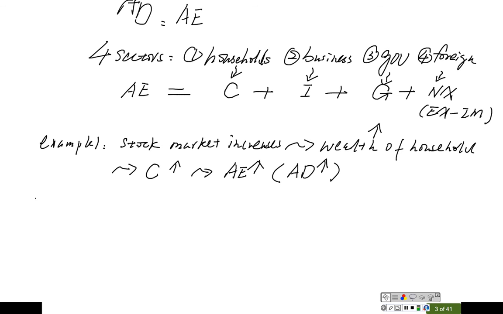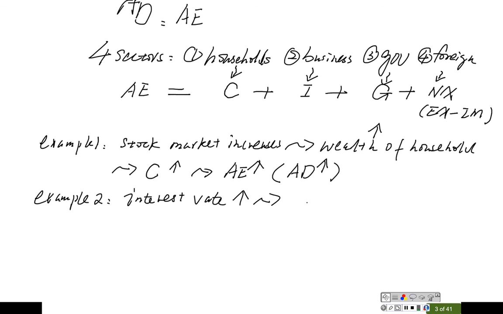Let's give one more example. If the interest rate increases, how could this affect aggregate demand? Does aggregate demand increase or decrease? Again, we need to see how this may affect one or more factors of the aggregate demand.